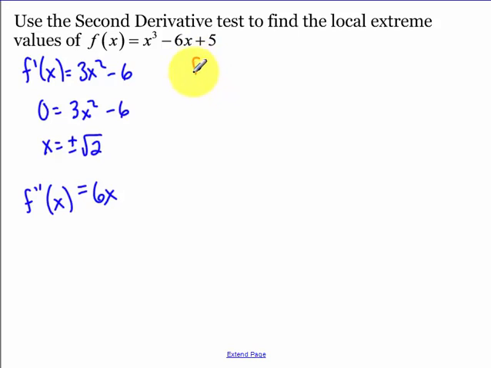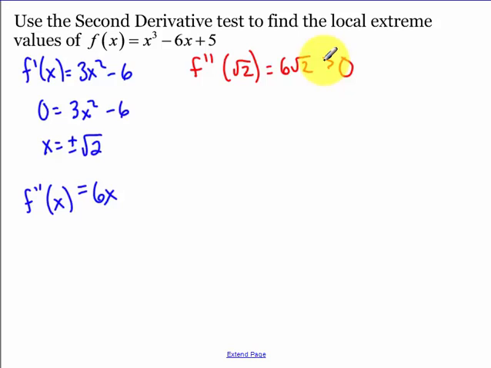So now you find f double prime of both of those critical values. F double prime of square root of 2 is equal to, I don't know why I'm having trouble just plugging in a value, which is greater than 0.